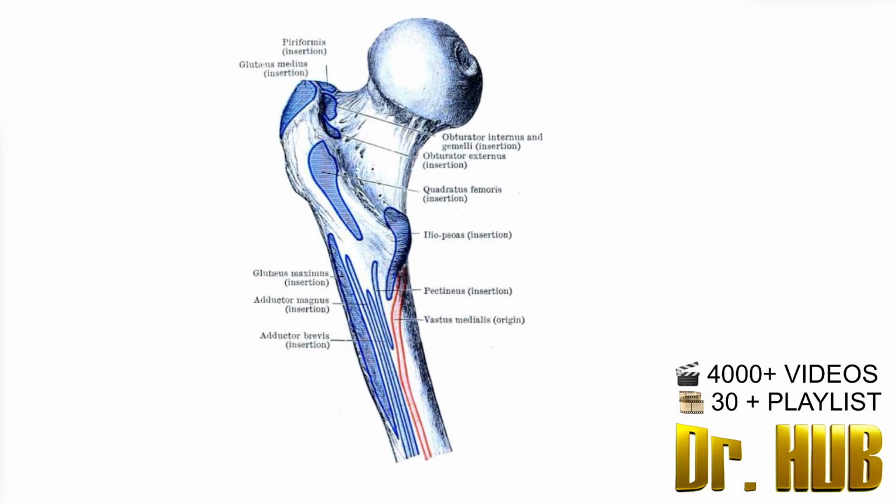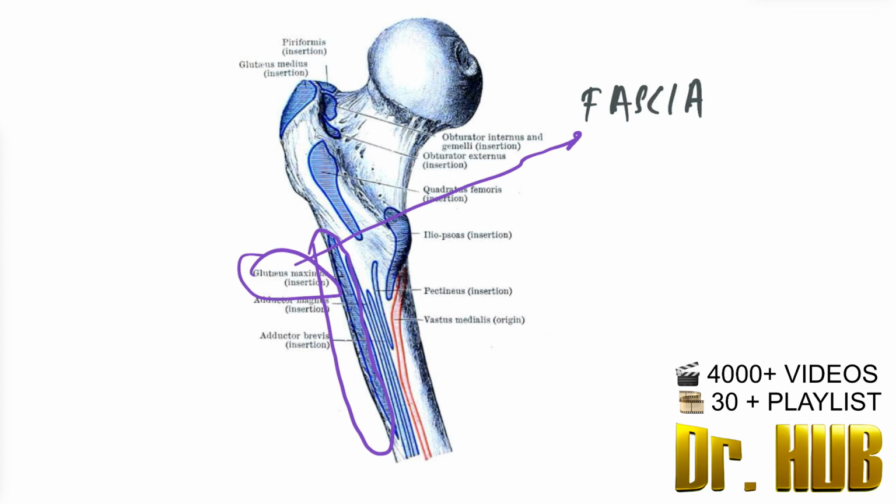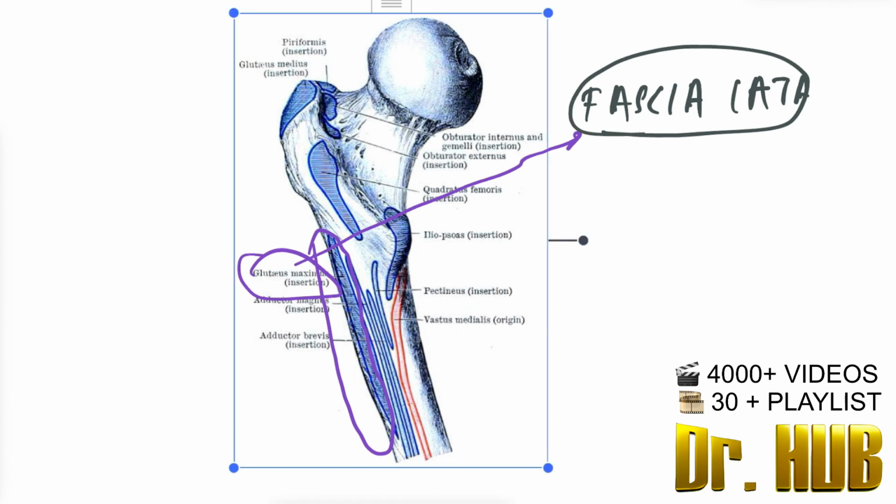In terms of gluteus maximus, this is the insertion of the gluteus maximus. It's very prominent. The insertion is primarily in the fascia lata. And where is this fascia lata present?